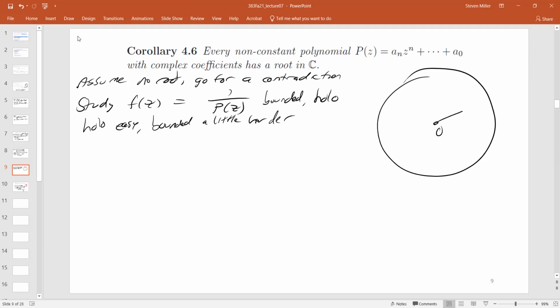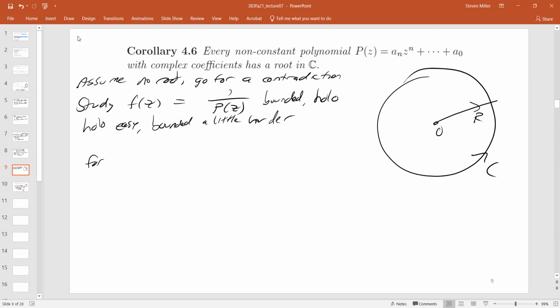So here's 0. Here, as always, is my circle of radius r and some curve. Now, if you look at the polynomial, as n gets very, very large, the a_n z to the n is much, much larger than everything else.